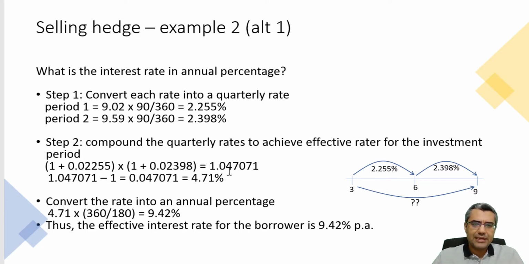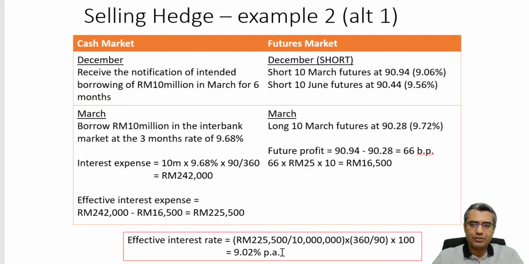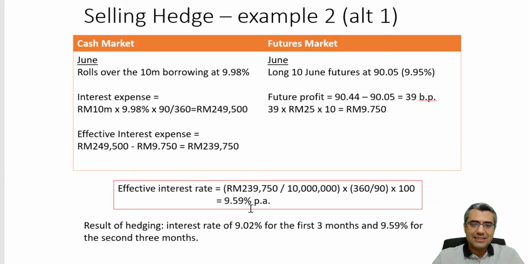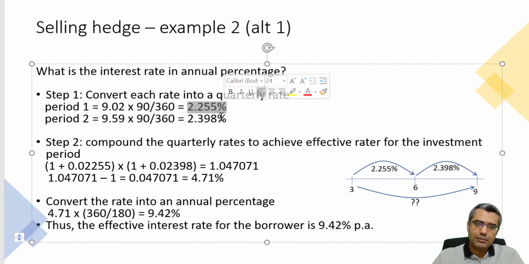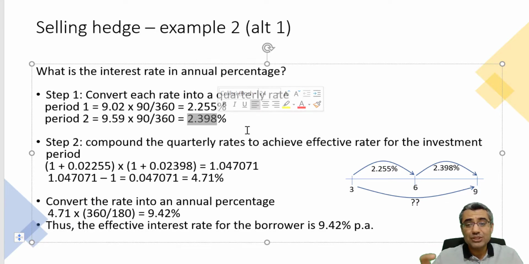The first 3 months, we borrowed at 9.02%. The second 3 months, we borrowed at 9.59%. I adjusted them for the 3-month period. This means it's 2.255% and 2.398% for a 3-month period.